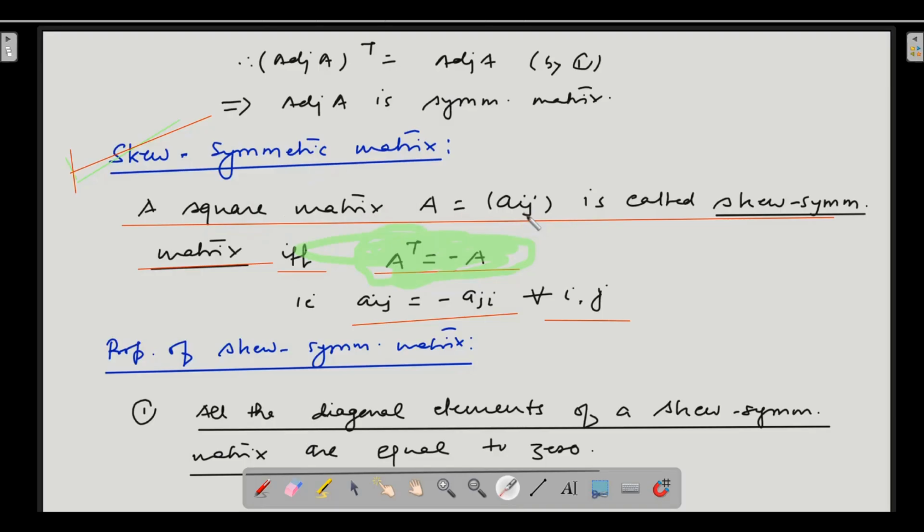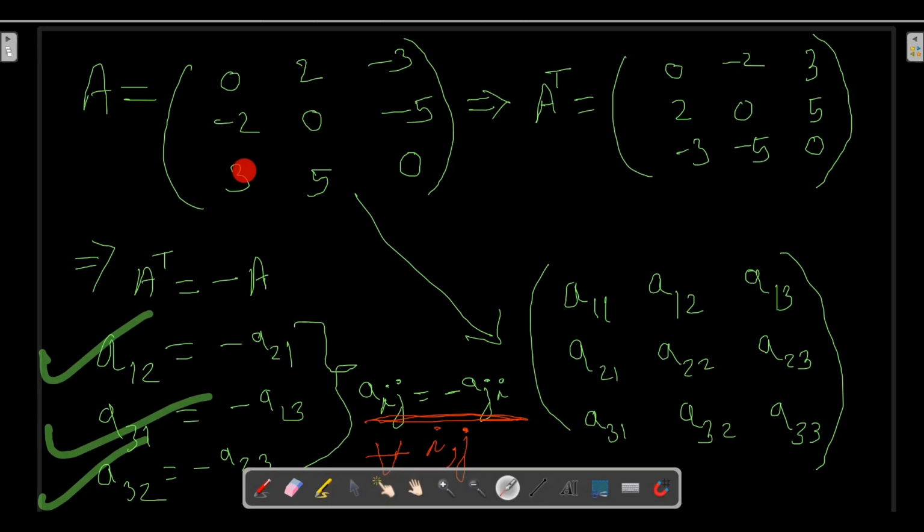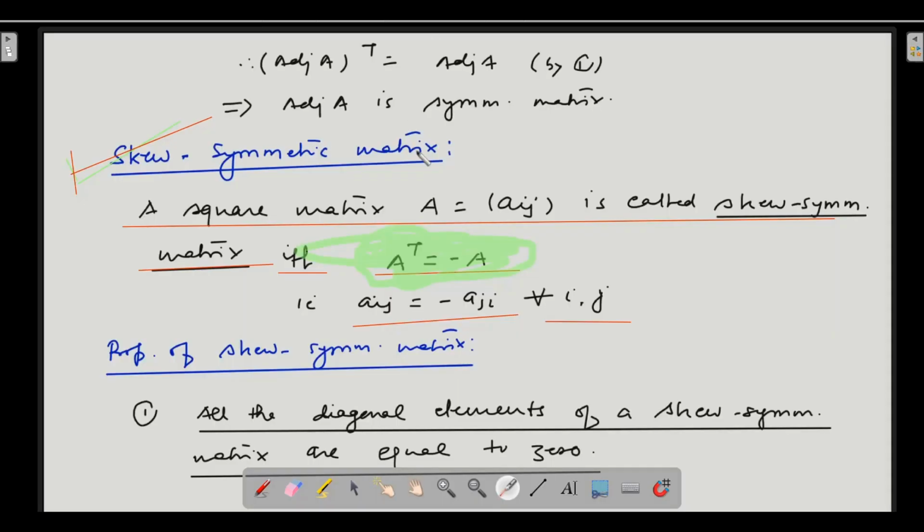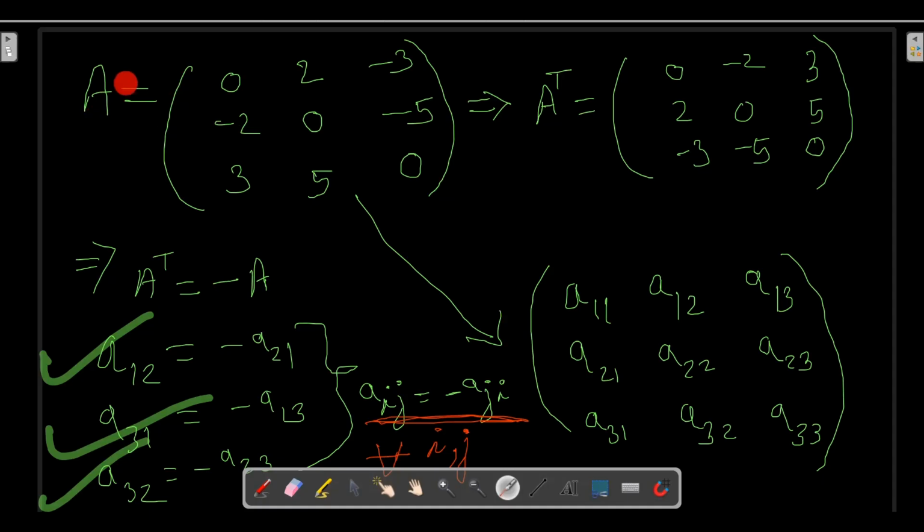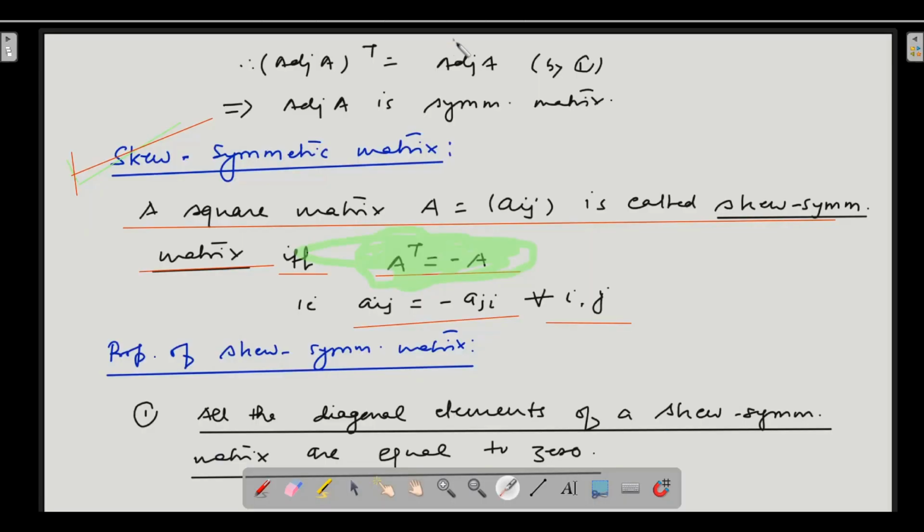So a square matrix A equal to Aij is called a skew symmetric matrix if and only if, that is, it is a necessary and sufficient condition that A transpose will be equal to minus A, that is Aij will be equal to minus Aji for all i, j. These two conditions are being satisfied by this example matrix, and hence this matrix A is a skew symmetric matrix.